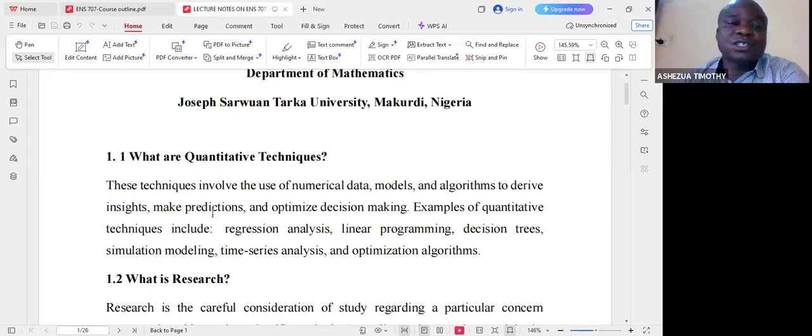Examples of these quantitative techniques are regression analysis, linear programming techniques, simulation modeling, time series analysis, and optimization algorithms. So, for any technique that you deploy when you solve a certain problem, if the results you get let you derive some reasonable insights that can make meaning to the people on the street.